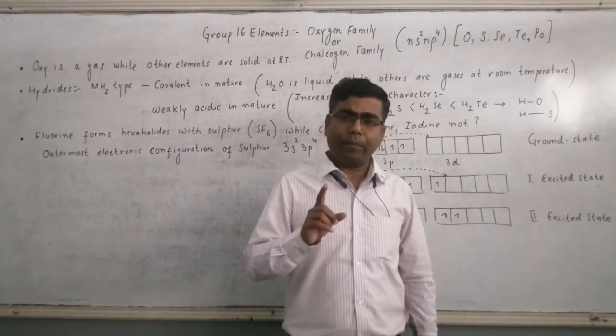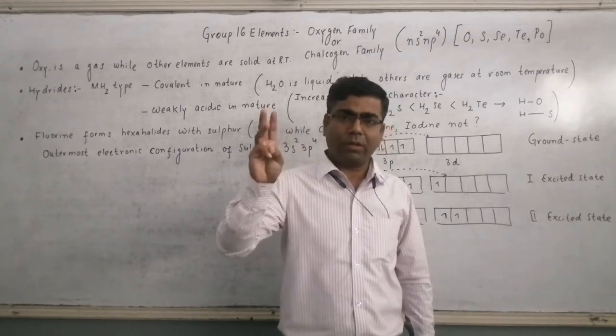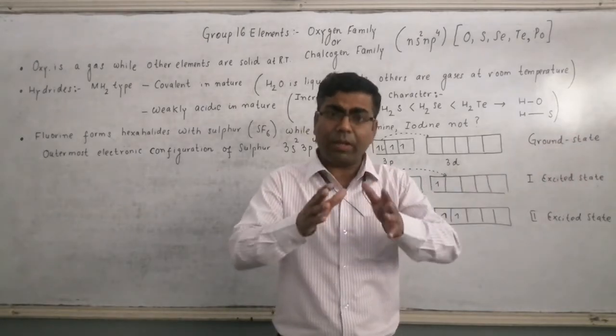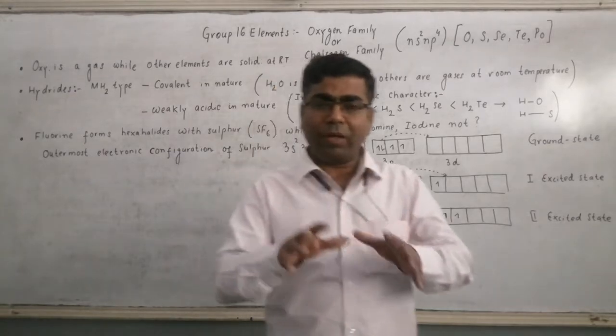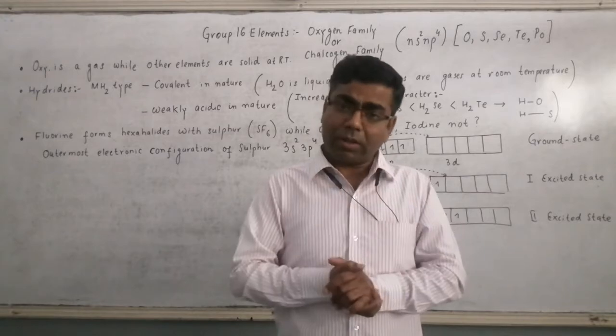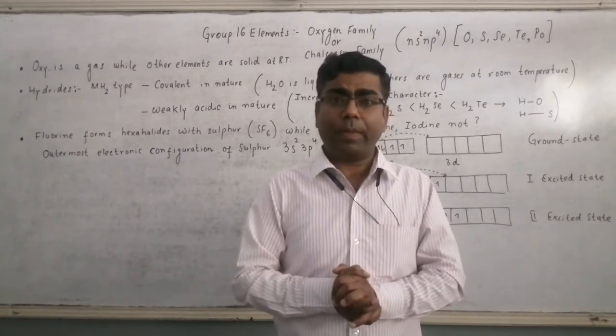Remember, for H bonding, 3 atoms are responsible: fluorine, oxygen and nitrogen with hydrogen. When an H atom comes in between fluorine, oxygen or nitrogen, there is development of H bonding. With H2S, it is not possible. That's why H2S is a gas at room temperature.